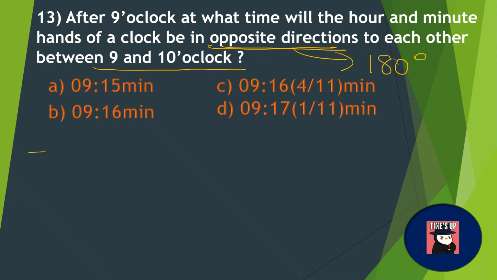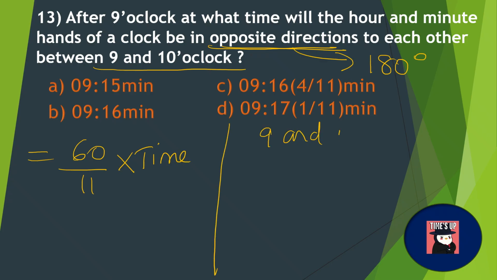So here you will take 60 divided by 11 into time. Now in the case of a 180-degree angle, if the first time is greater than 6, then you need to subtract, correct? So 9 minus 6 will give you 3.